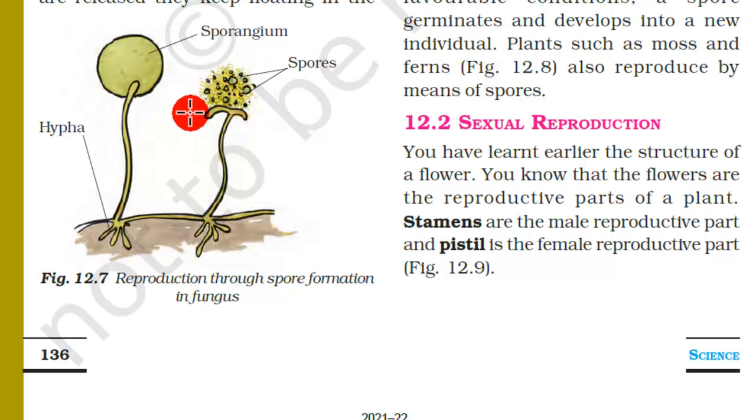And after that the spores germinate and develop into new individuals if there is a favorable condition. Plants such as moss and ferns also reproduce by means of spores.